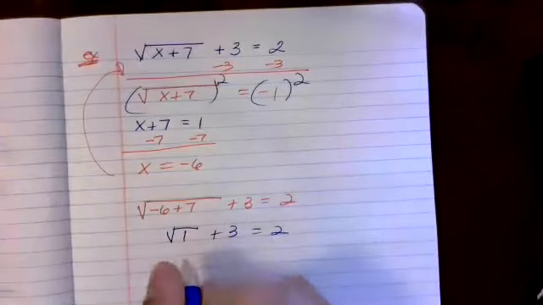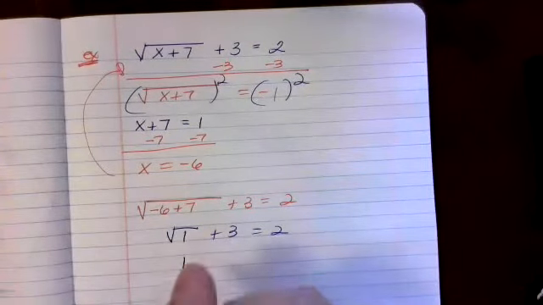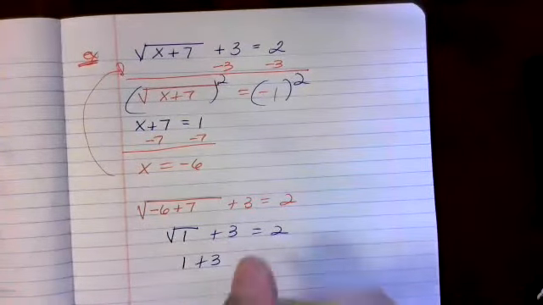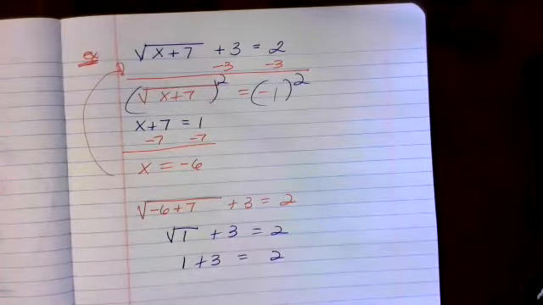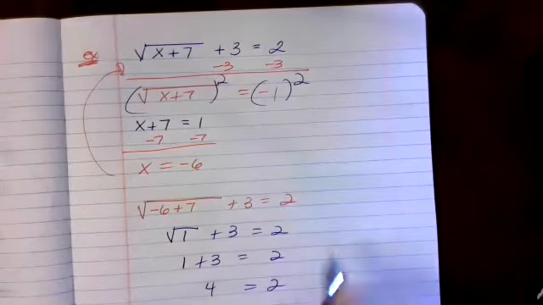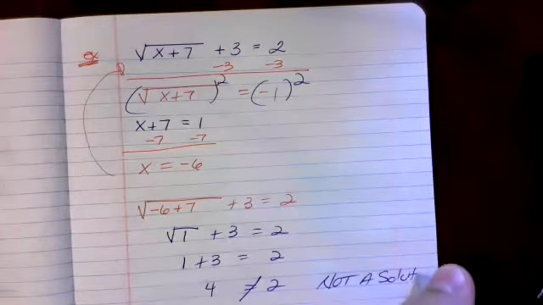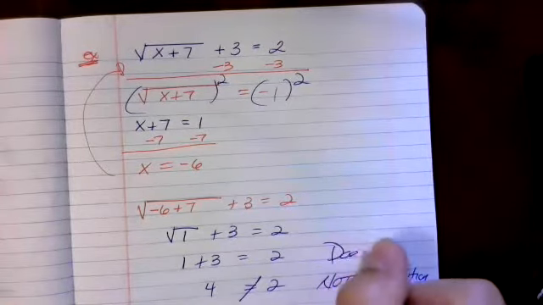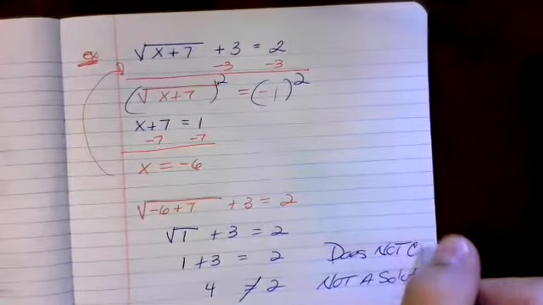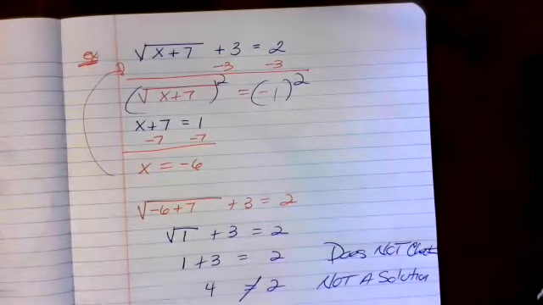And the square root of 1 is 1, plus 3. 1 plus 3 is 4. 4 equals 2? I don't think so. Not a solution. Does not check. Doesn't work.